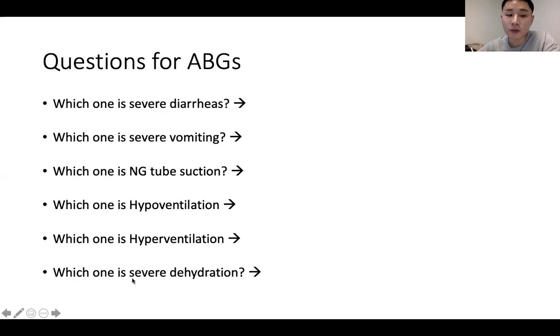And then the tricky one is, which one is severe dehydration? So let's think about this. Whenever a patient is in severe dehydration, they don't have enough fluid circulating in the body, so the blood volume will also decrease.